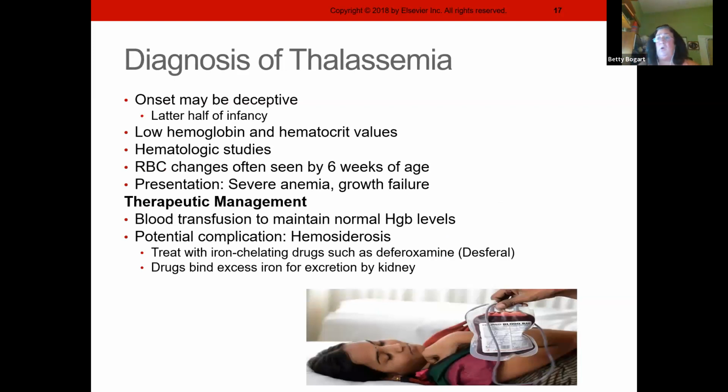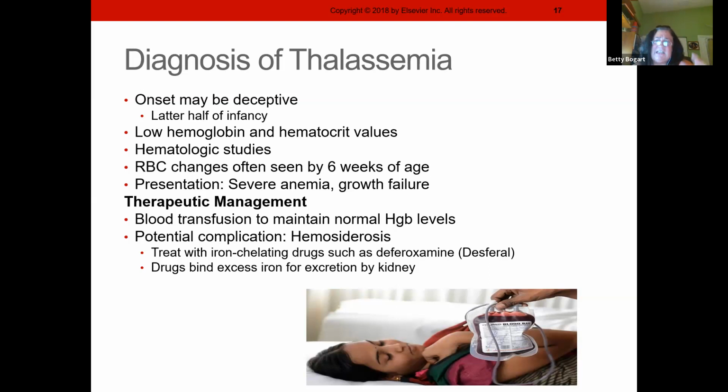So at birth, you don't see this. Later on, you're going to see these children have a lower than normal hemoglobin and hematocrit. We know that children at birth don't start making their own blood cells till about 5 or 6 months old. And up to that point, it's mom's hemoglobin that has been carrying them along.